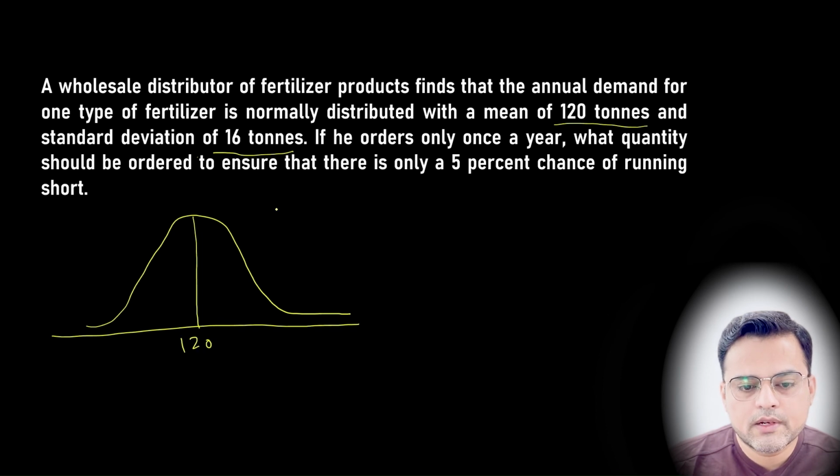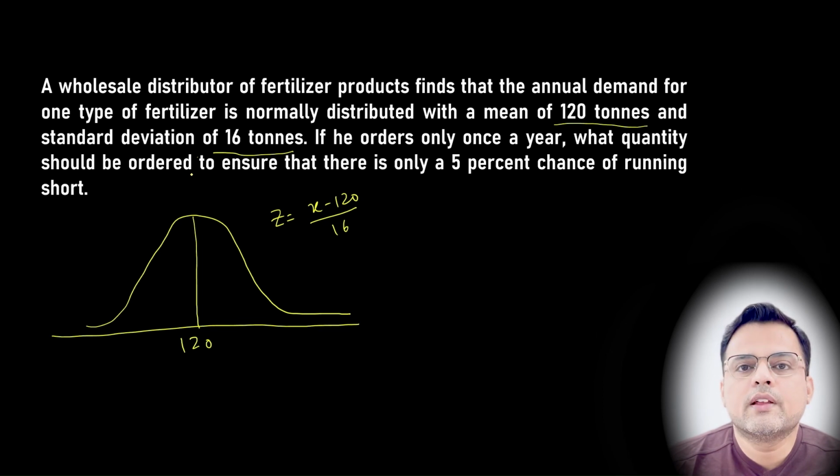So your value of z is equal to x minus 120 divided by 16. So here we have to find, if he orders only once a year, what quantity should be ordered. So we have to find the value of x to ensure that there is only a 5% chance of running short. So we have to find this 5%.